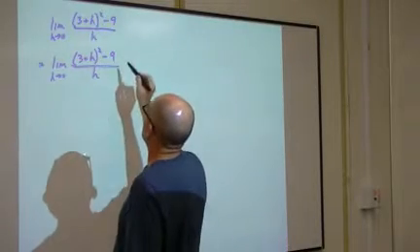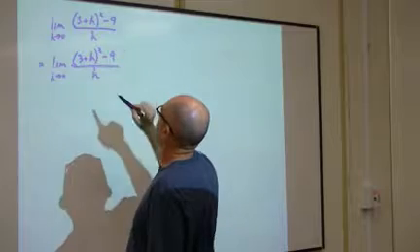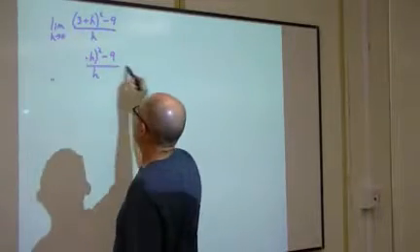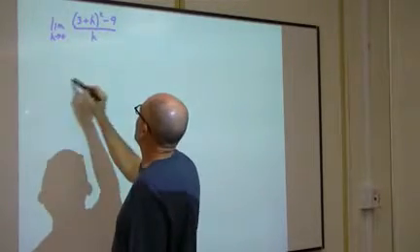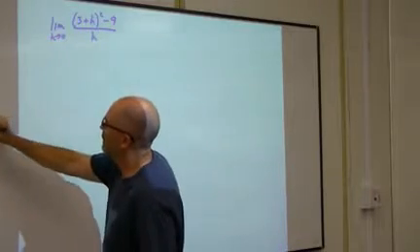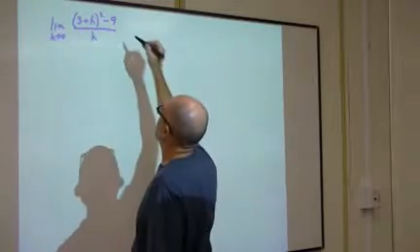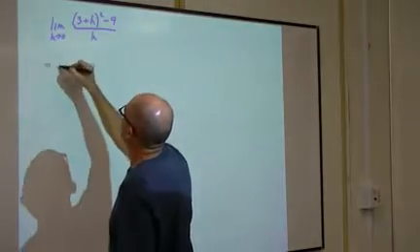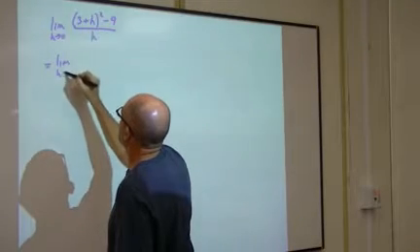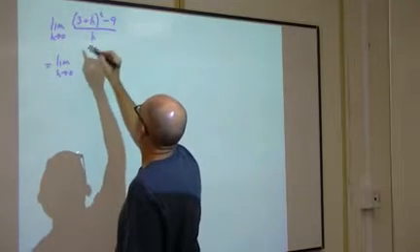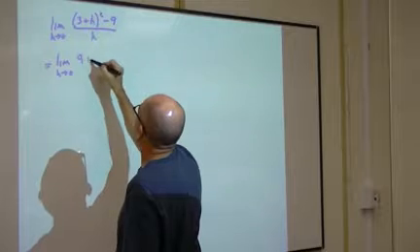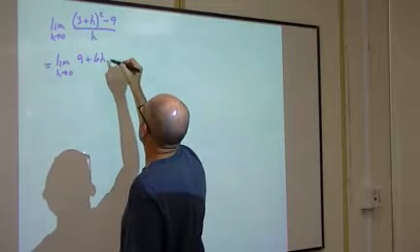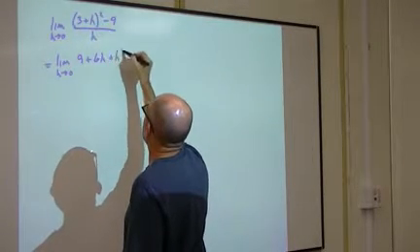Actually, what we want to do is just distribute that, because it's all set up to eliminate the 9. Yeah, watch what happens. If we just go, this is the limit as h approaches 0 of 9 plus 6h plus h squared.